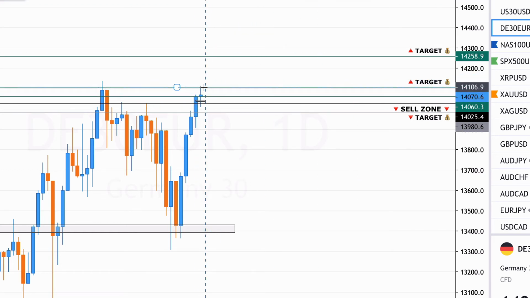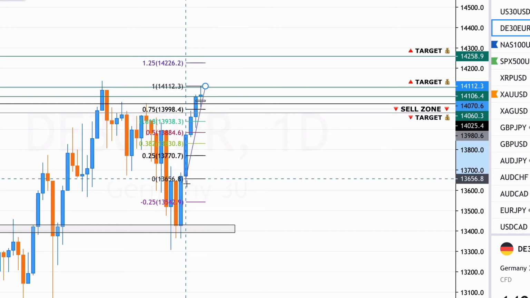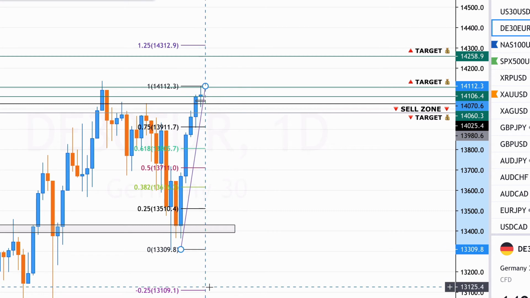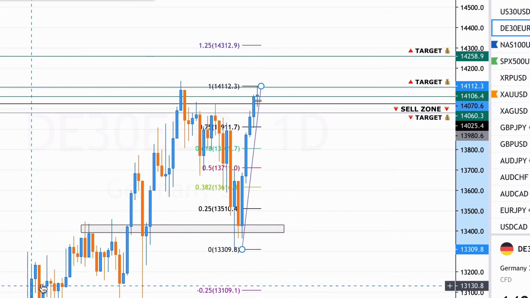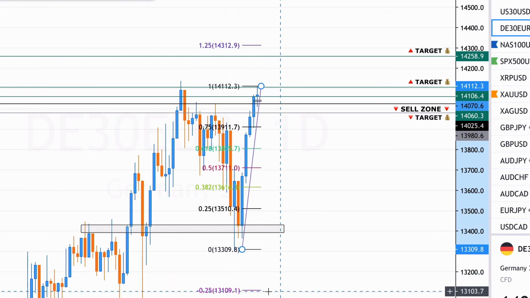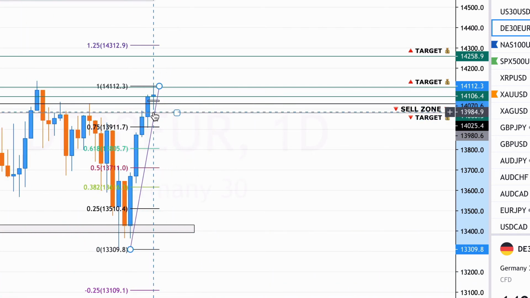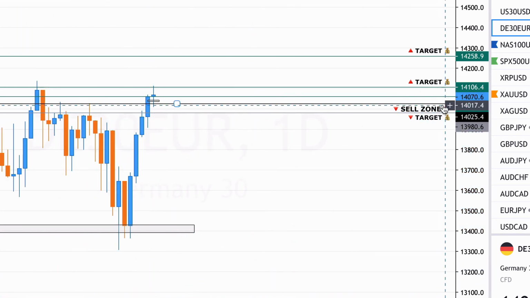Same thing coming down. This time I'm going wick to wick. So potential is, if you look, all of this noise is right around that fib level. So stuff works if you know how to work it.